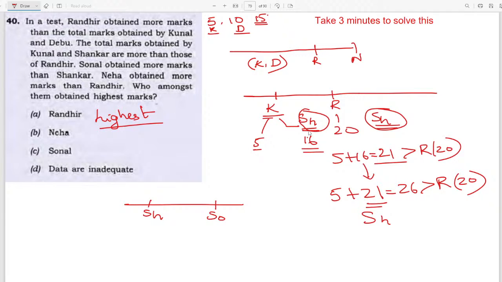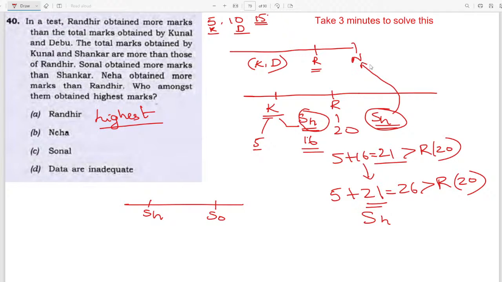So the problem here is we know that Neha has scored more than Randir, but we don't know whether Shankar has scored more than Randir or not. And if Shankar has scored more than Randir, we don't know the relationship between Shankar and Neha.